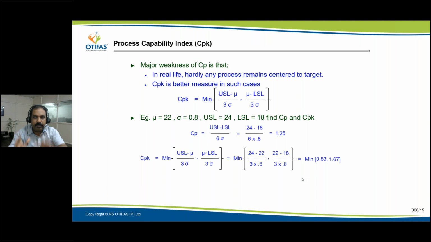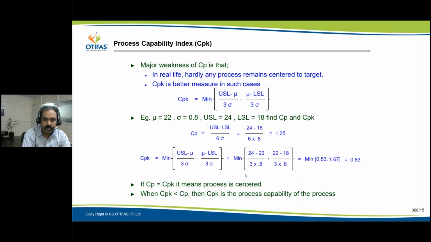CPK equal to CP means the process is exactly centered. CPK is always lesser than CP, and CPK is the best measure of process capability, not CP. When CPK is less than CP, CPK is the process capability of the process.